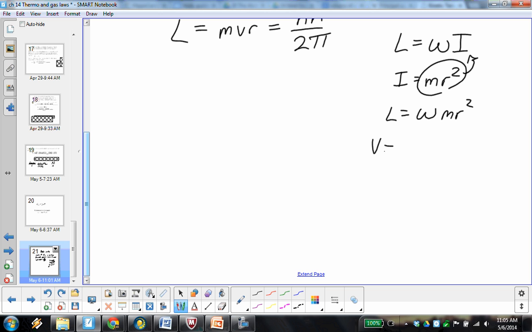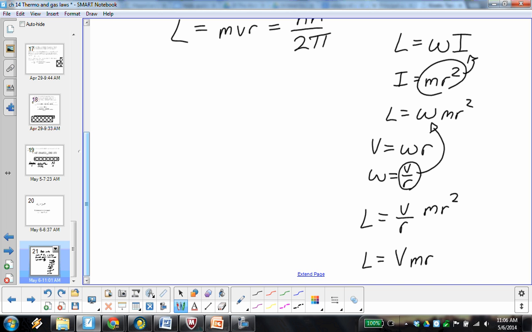So linear velocity along the tangent is equal to omega r. Then I can divide each side by r and say that the angular velocity is equal to the linear velocity divided by r. I'll substitute that in, so L is equal to v over r times mr squared. You will notice that one of the r's will cancel out. So L is equal to mvr, and that is where I start.